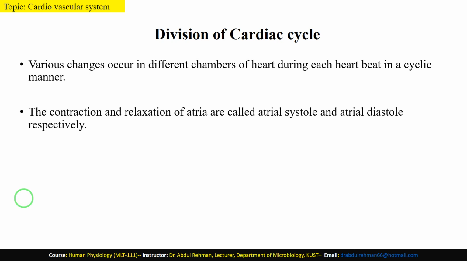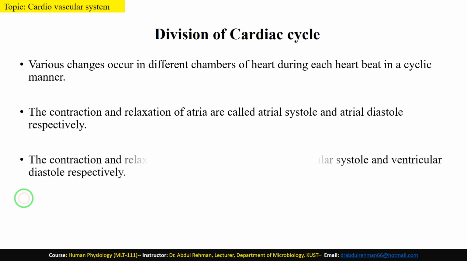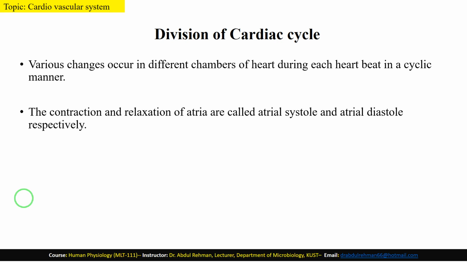So on the basis of the chambers, the cardiac cycle is divided into two major categories: the contraction and relaxation of the upper portion of the heart, that is the atrium, are termed atrial systole and atrial diastole, while the contraction and relaxation of the lower part of the heart, that is the ventricle, are called ventricular systole and ventricular diastole.